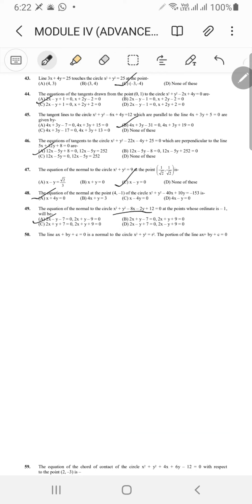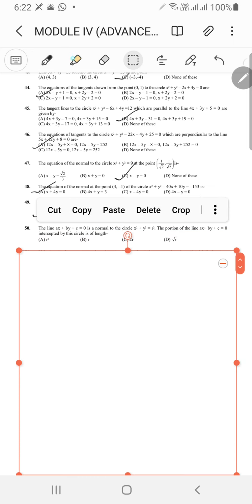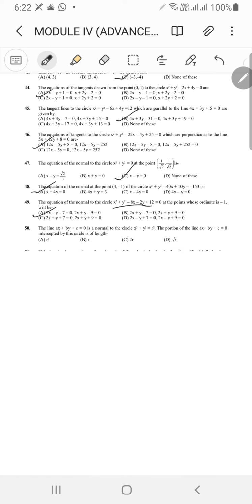The line ax plus by plus c equal to 0 is normal to this circle. The portion of the line ax plus by plus c, same line basically, intercepted by the circle is of length... wait, what? Aren't these both the same lines? This is the same line as that, isn't it?